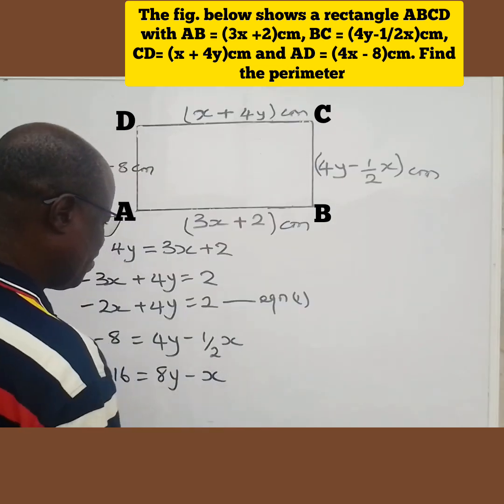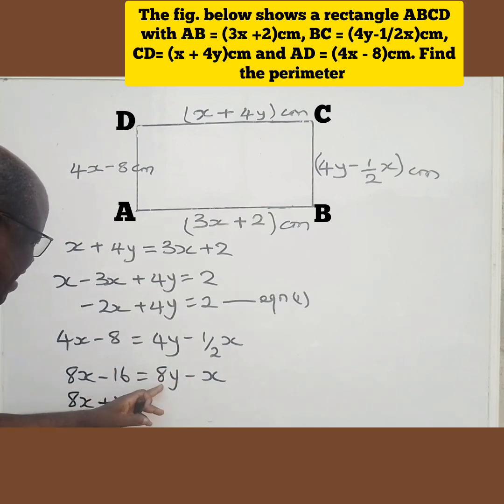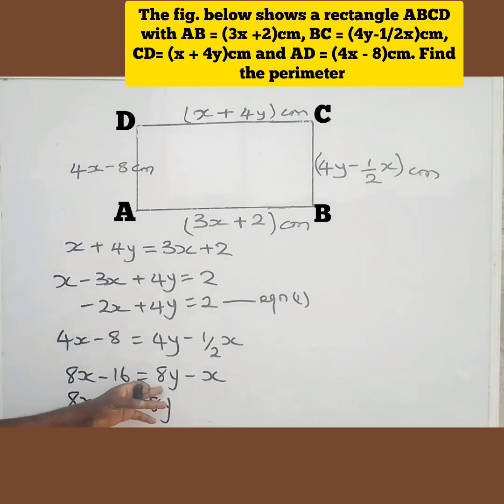So you have x. Now, just like the first equation, I want to bring y to this side and bring 16 to the other side. So you have 8x plus x, then this one to this side minus 8y, because once 8y crosses this equal sign to the other side, it becomes minus.